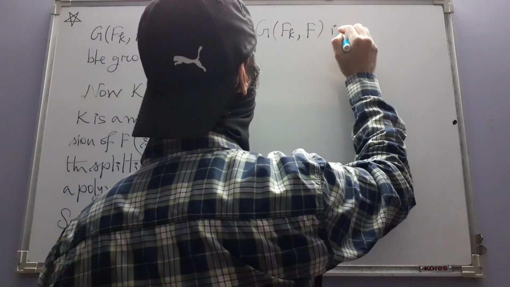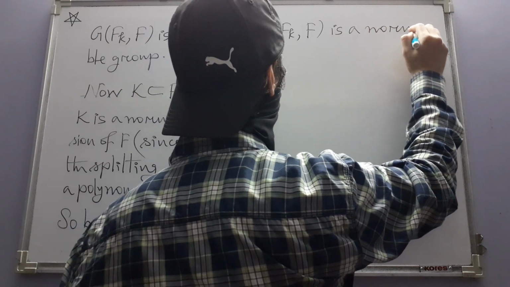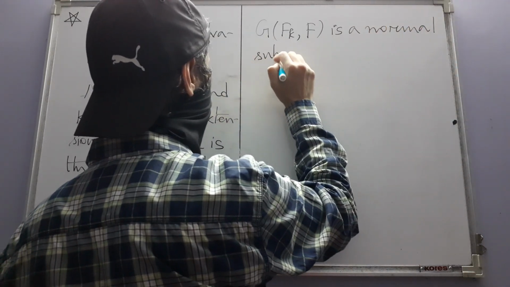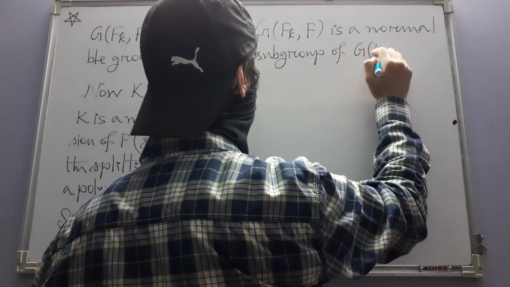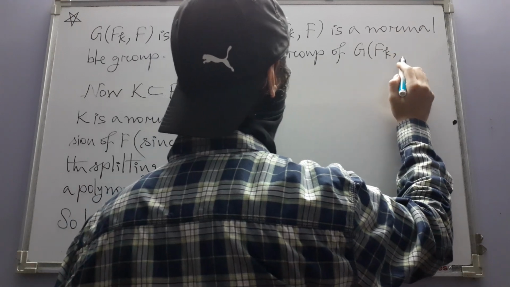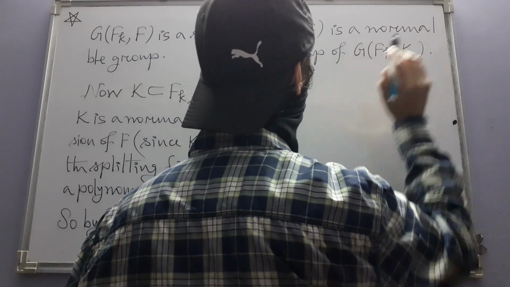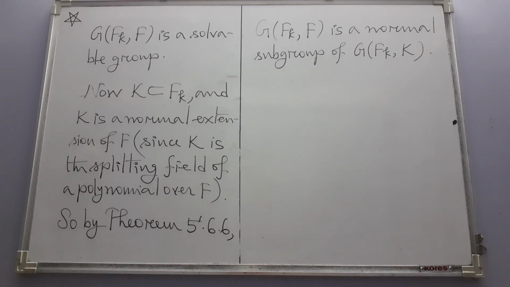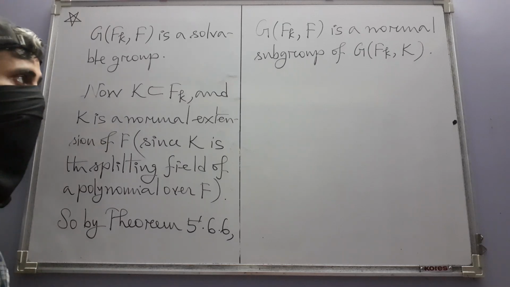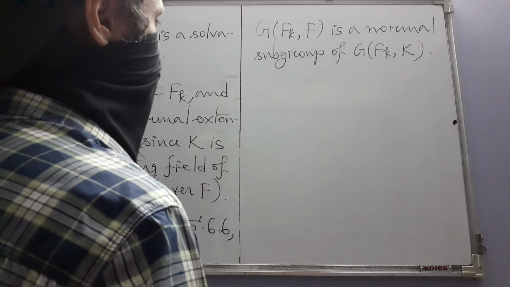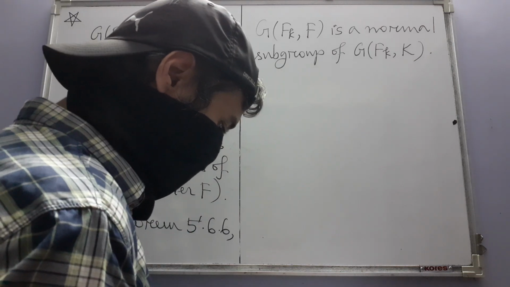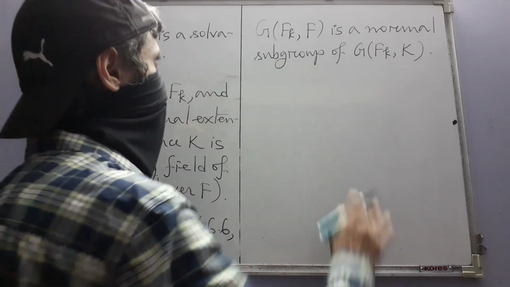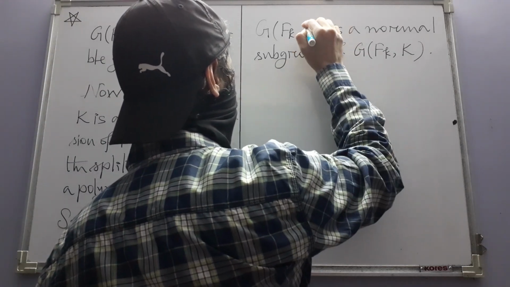G(F_K, F) is a normal subgroup of G(F_K, K). Have I written this one also incorrectly? Maybe, because here the order is not, no. My mind is somewhere else today.